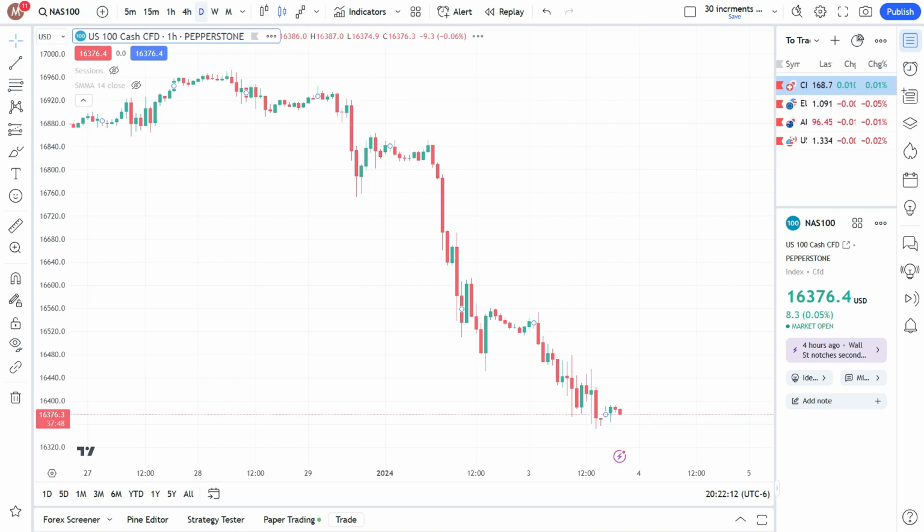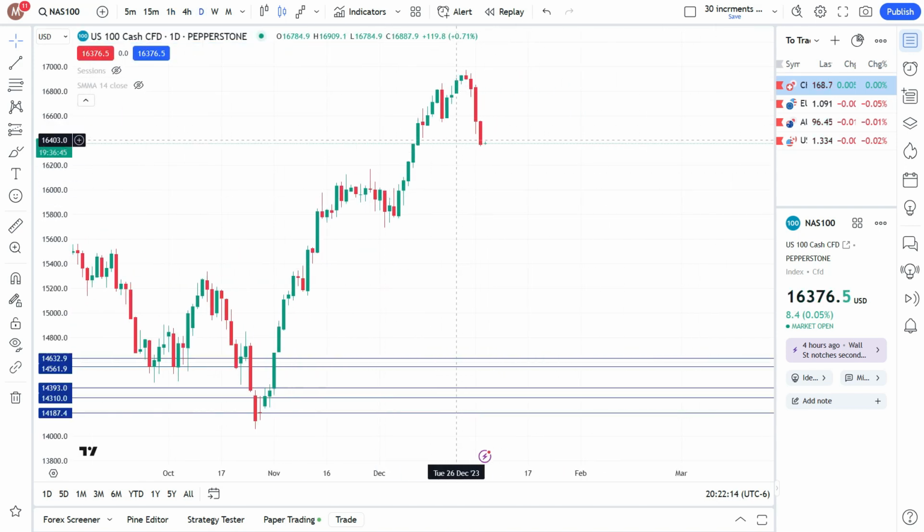And if I go to the daily, same thing. Okay, this is one day, this is another day, and you can see the dates on the bottom right here as well. This was December 28th, and then this was December 29th on the Friday, and then this was January 2nd, 2024 of the new year, and then this is yesterday.